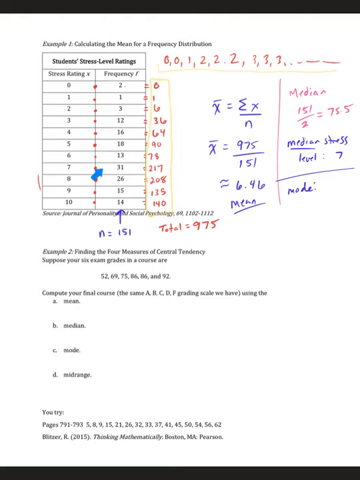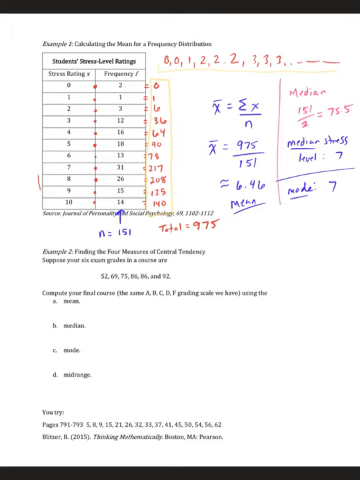And we can see here that stress level 7 occurs most frequently. So the mode is also going to be 7. And then likely do that one easily in our head. The lowest is 0, the highest is 10. Add them together, you get 10 divided by 2, you'd get 5. So the mid-range here would be 5.